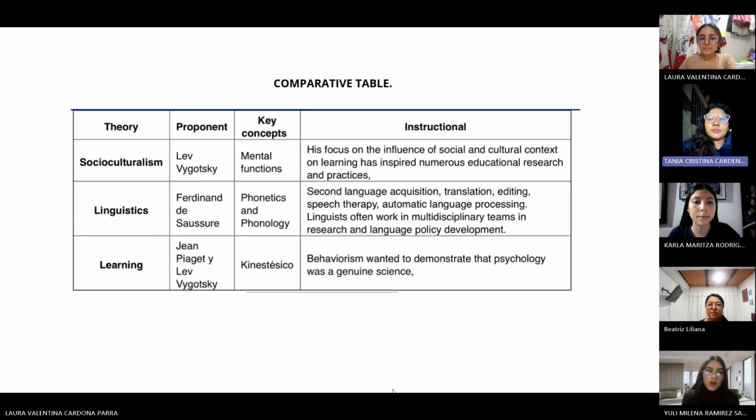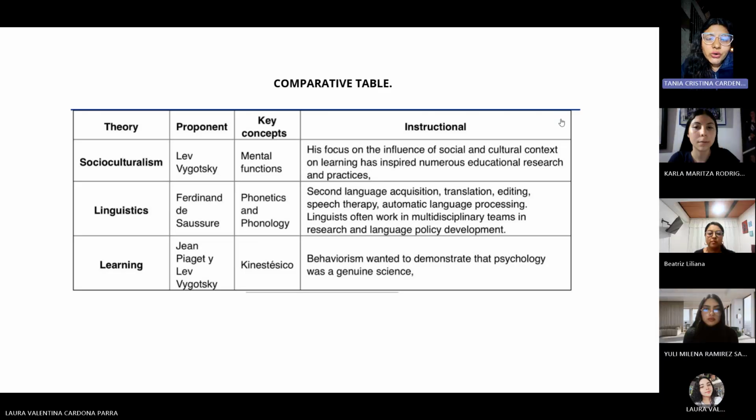Comparative table. Here we can observe three learning theories. Below we find three chosen theories: sociocultural, linguistics, and learning. The authors who propose these theories are Vygotsky, Ferdinand de Saussure, Jean Piaget and Lev Vygotsky. Key concepts: mental functions, phonetics, phonology, and kinesthetic.